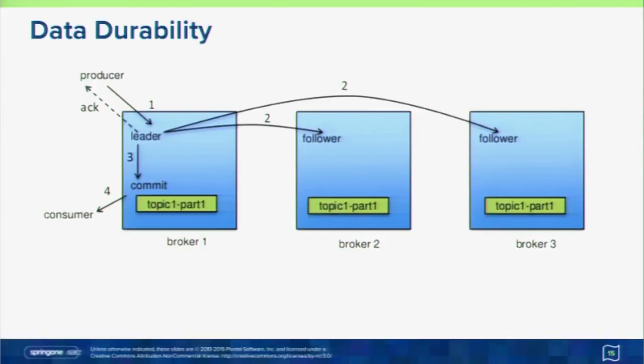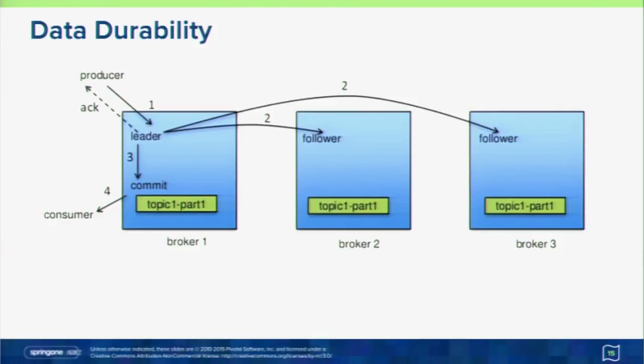All right, so let's go through the flow for a second. The producer decides, I want full onboard data durability. Give me all brokers saving all the data all the time. So the producer sends a message into broker 1, and broker 1 commits it to itself.